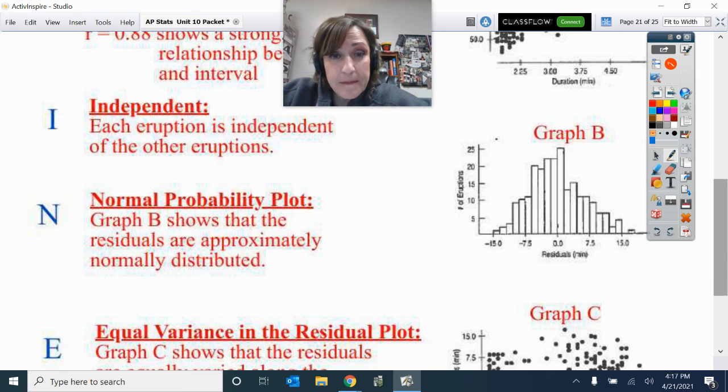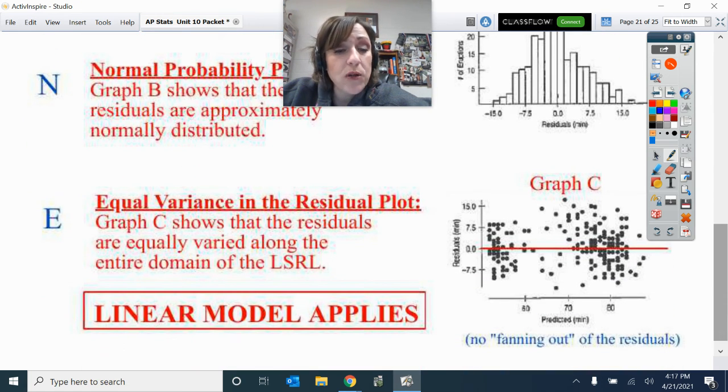And then E is for equal variance in the residual plot. So I'm saying graph C shows that the residuals are equally varied along the entire LSRL, along the entire domain, the x values of the LSRL.